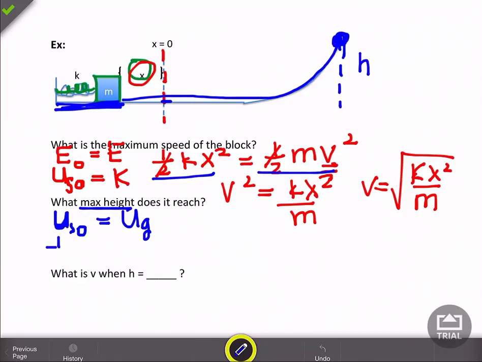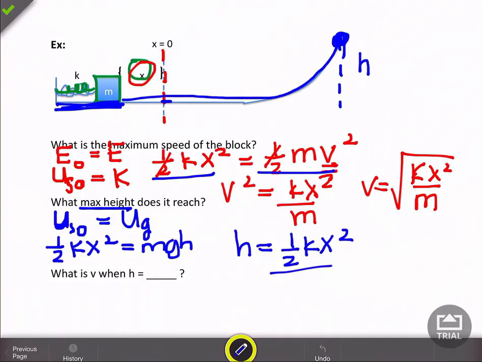Spring potential energy, 1/2 kx squared, this time equal to mgh. So looking for that max height, the height is going to be equal to 1/2 kx squared over mg. If you had numbers, you could plug in, but we don't, so we're just leaving it in variables.